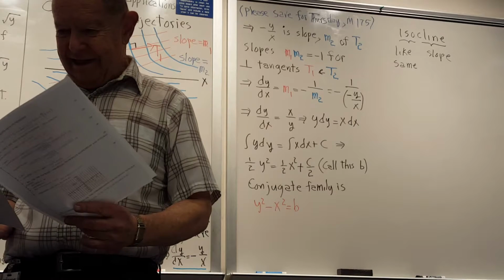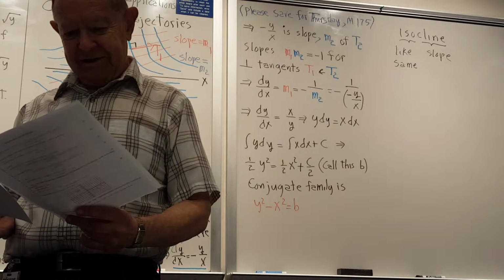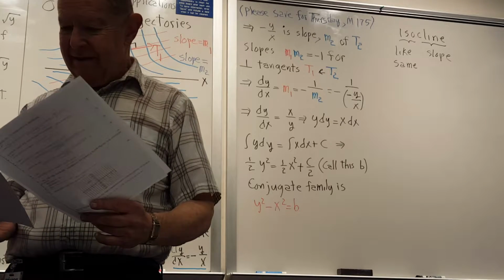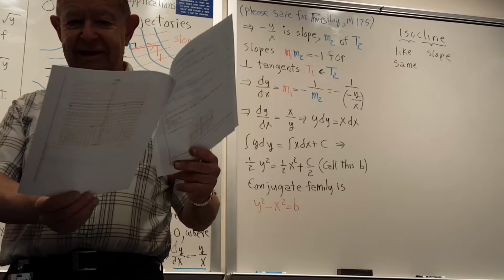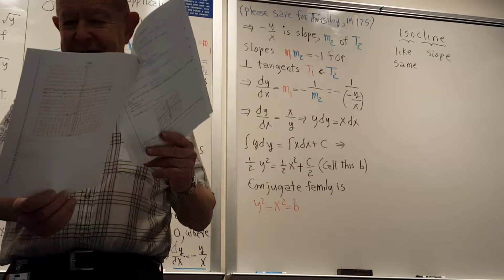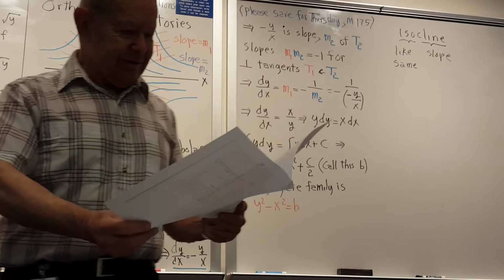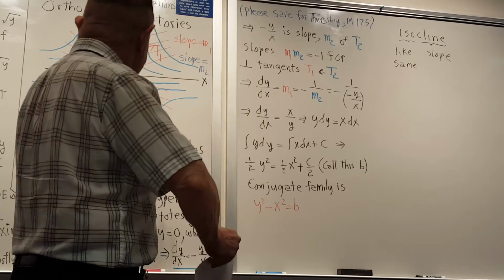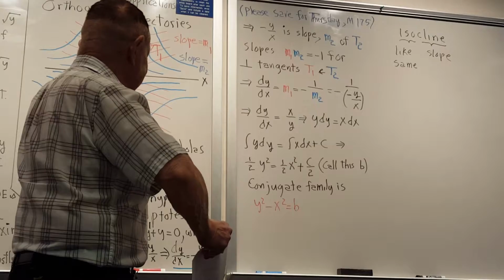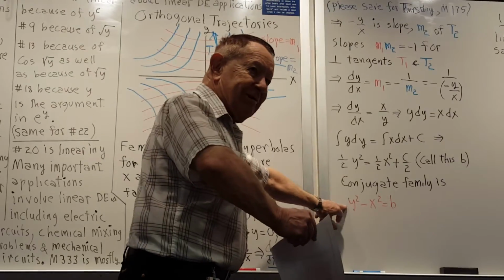And then DE4, this is y square minus x square, and you can see that the integral curves are hyperbolas. If you look at the yellow curves, notice that I have the y square minus x square curves.